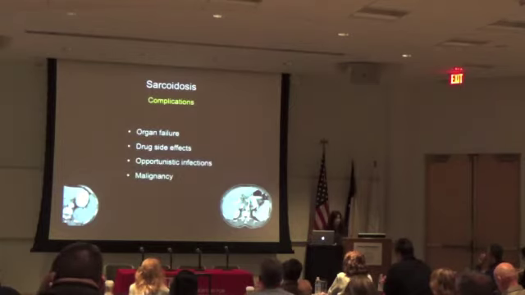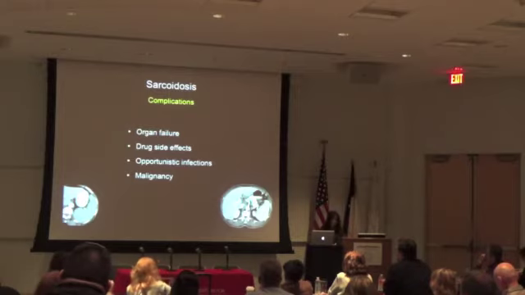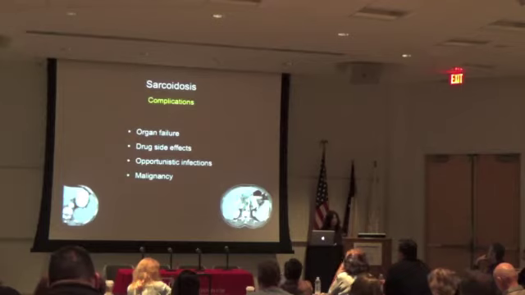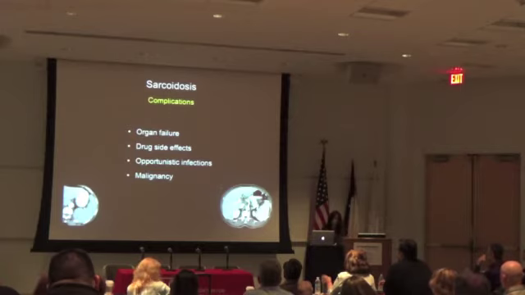Complications of sarcoidosis, obviously organ failure, sometimes more than one organ are at risk for failing. And drug side effects, that's a big one when you have to take these drugs for months at a time. And then opportunistic infections, that is infections by organisms that are normally around us but normally do not cause any problem in a healthy subject.